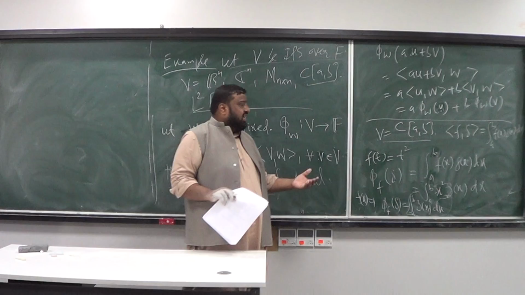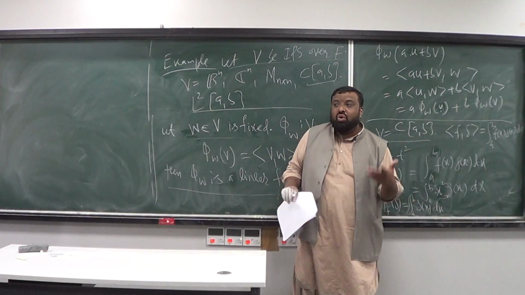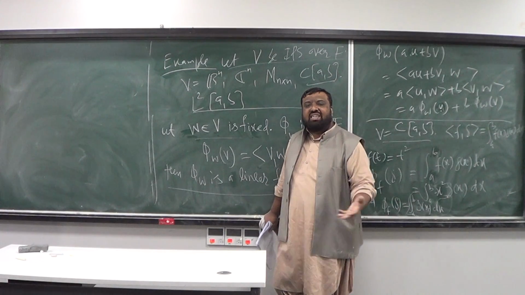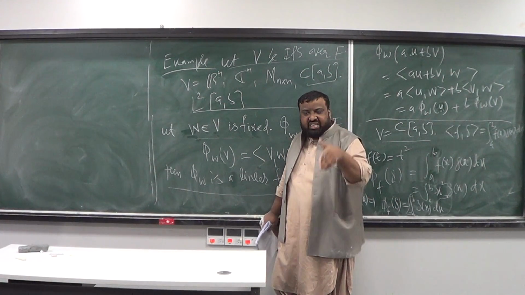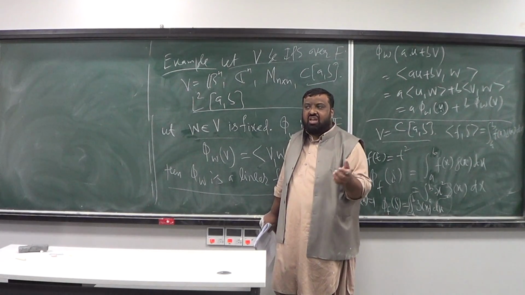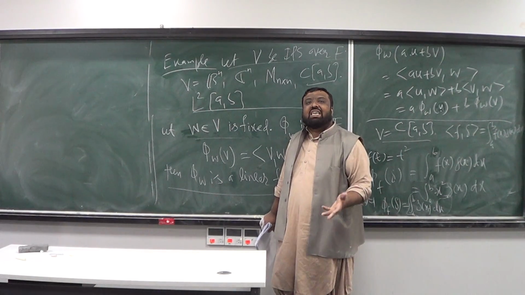We saw that the inner product, this integral, is a linear functional. You can also show that if you have a derivative evaluated at a point, or a gradient evaluated at a point, you can also treat that as a linear functional.